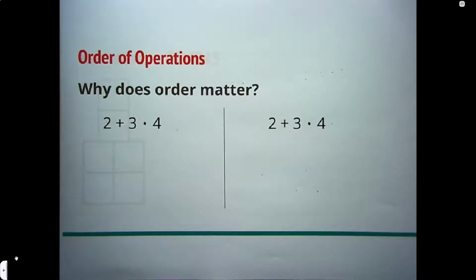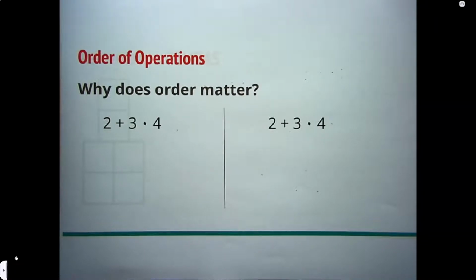For example, if I'm getting dressed and I'm putting on my socks and my shoes, it matters the order that I put those two items on. I don't want to put on my shoes first and then try to put the socks over the top of them. If we're taking a shower and we're going to shampoo and condition our hair, it matters what order we do that in. We want to shampoo first, put the conditioner on second.